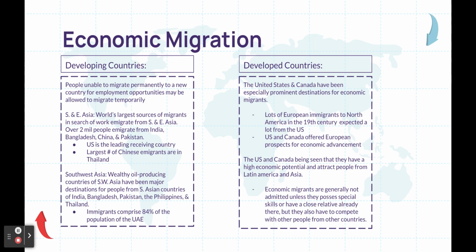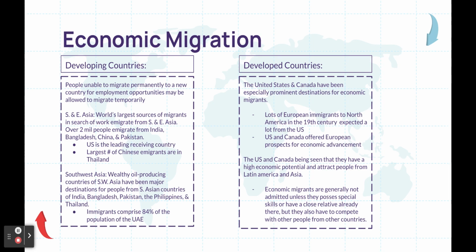Over 2 million people immigrate from India, Bangladesh, China, and Pakistan. The US is the leading receiving country. The largest number of Chinese immigrants are in Thailand.